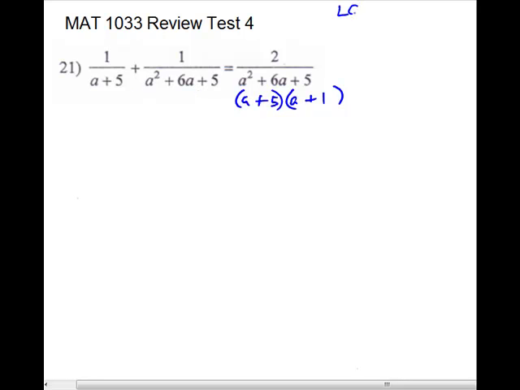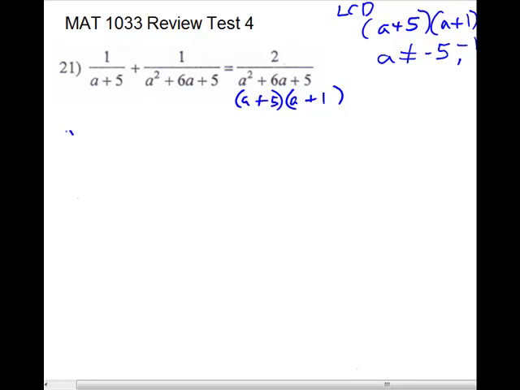So our LCD is going to be a plus 5 and a plus 1. Also, our excluded values: a cannot be negative 5 or negative 1, because those would make zeros in the denominator. So I'm going to multiply everything by a plus 5 and a plus 1.